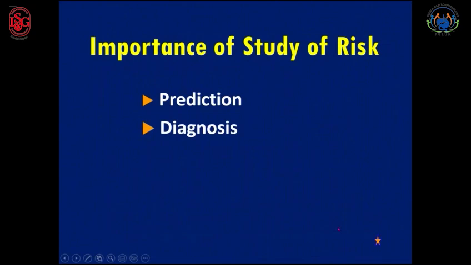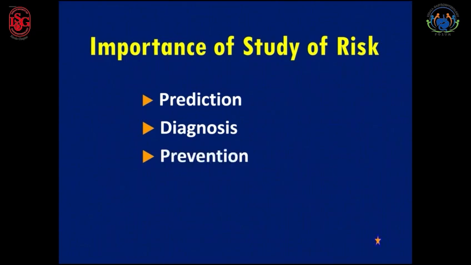Especially in screening, we know that we can improve the diagnostic tests by increasing their positive predictive value by doing the test in persons at risk of getting a disease. So we choose people to whom we do breast cancer screening or carcinoma colon screening or ischemic heart disease screening. So for diagnosis, knowledge of risk helps us. And then prevention.